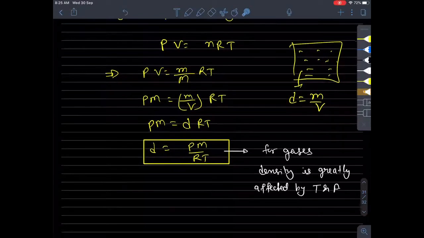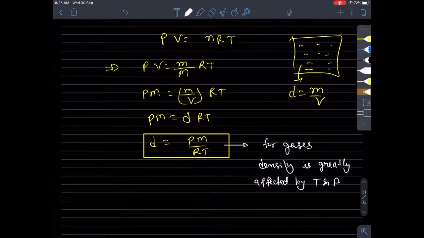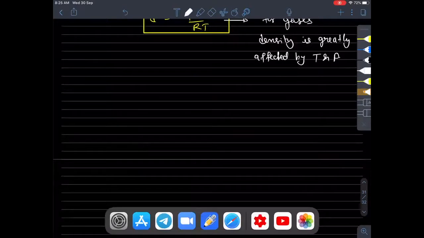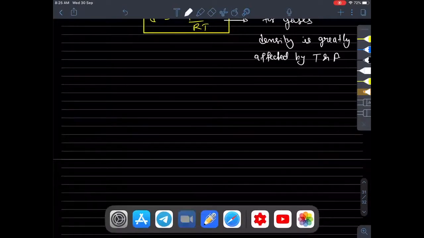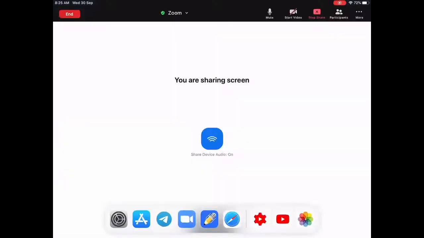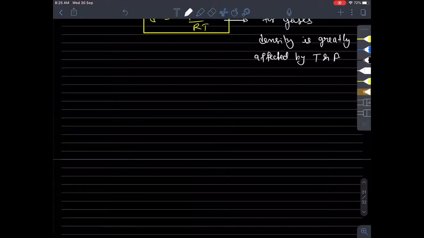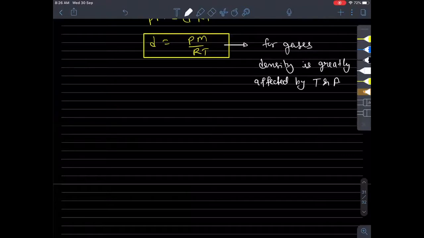So this is density, guys. And now, what is vapor density? It is a ratio of densities, or you can say relative density.